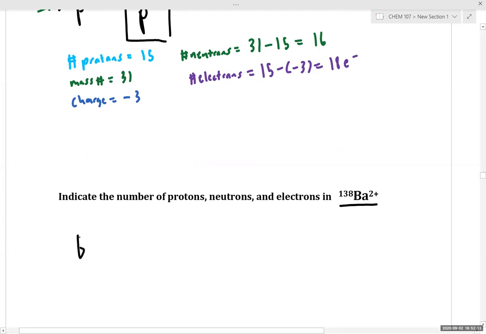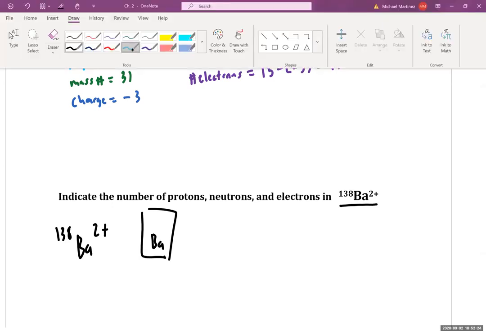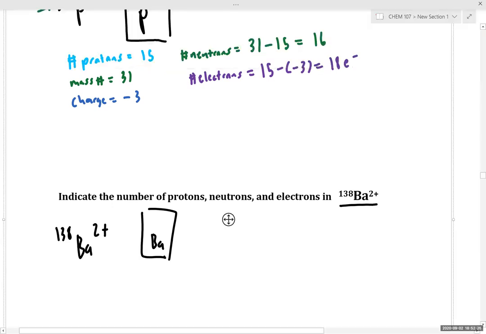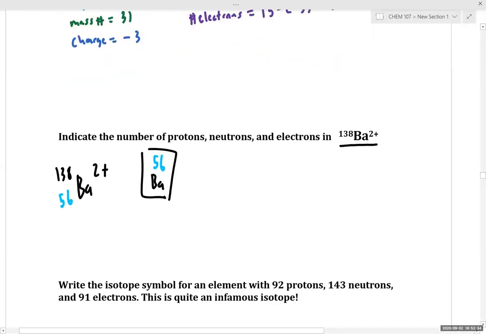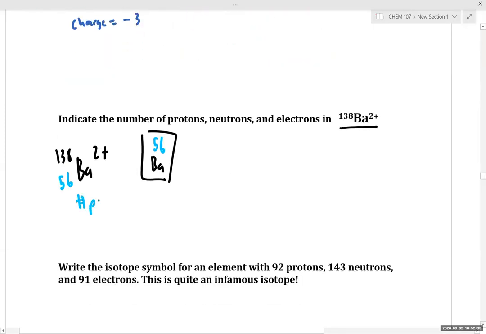For barium 138 2+, what is the atomic number of barium? What number do we see in the periodic table above barium? 56, okay. So our number of protons is equal to 56.